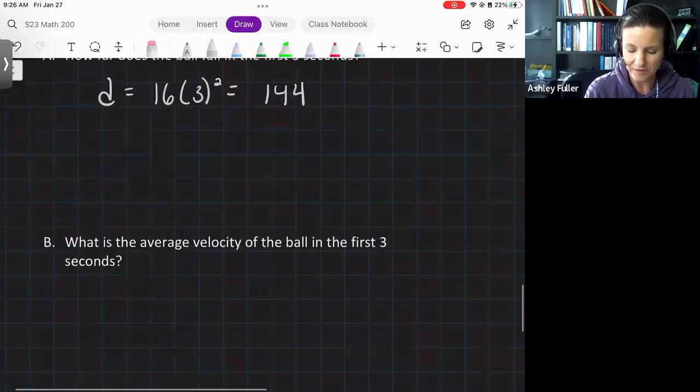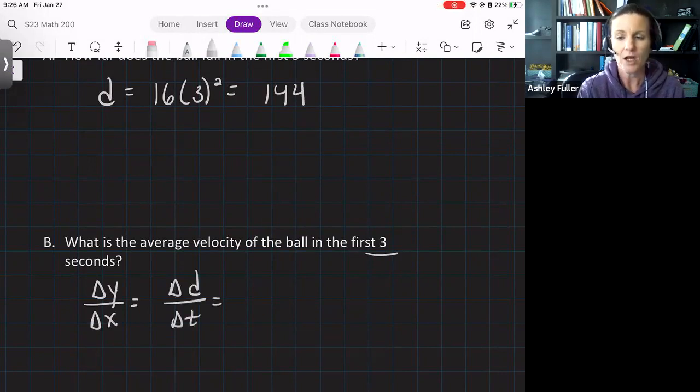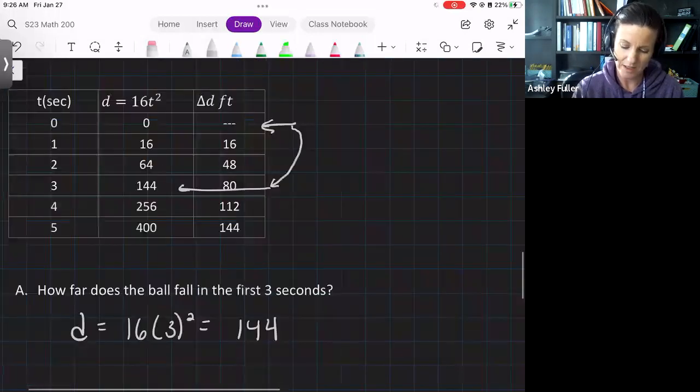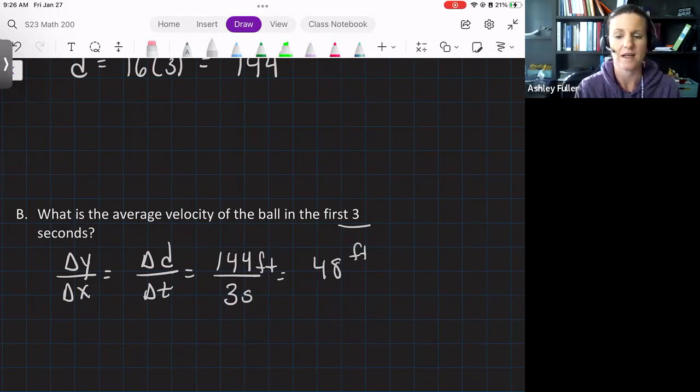If we wanted to find the average velocity in the first 3 seconds, remember that's going to be the change in y over the change in x, which in this case is the change in distance over the change in time. We just calculated a change in distance of 144, I believe feet is what we're working in, yes, divided by 3 seconds. And when I divide those two, I get 48 feet per second.